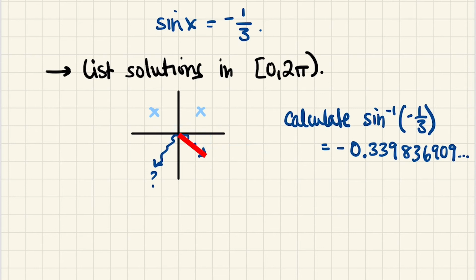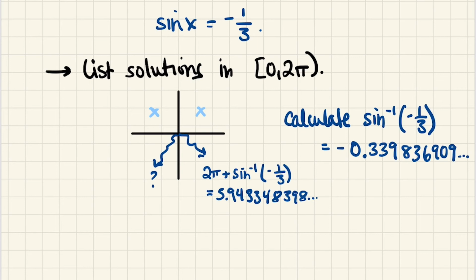So this specific one right here is 2 pi plus what we calculated for inverse sine of negative 1/3, which is 5.943348398. And that actually continues on forever. Remember, 2 pi itself, numerically, is about 6.28, right? Because pi is 3.14. So a fourth quadrant angle is very often in the form of 5 point something. And this would be our positive fourth quadrant angle right here.